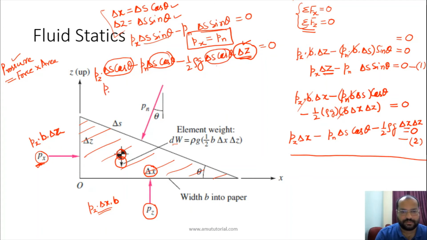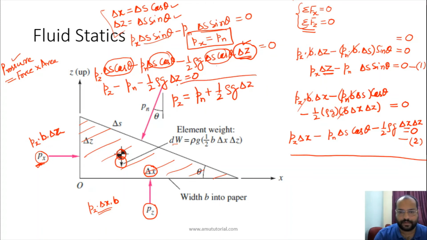On simplification we get Pz minus Pn minus half rho g delta z equal to 0, and on further simplification Pz is equal to Pn plus half rho g times delta z. This is another very important conclusion. But what does it mean?